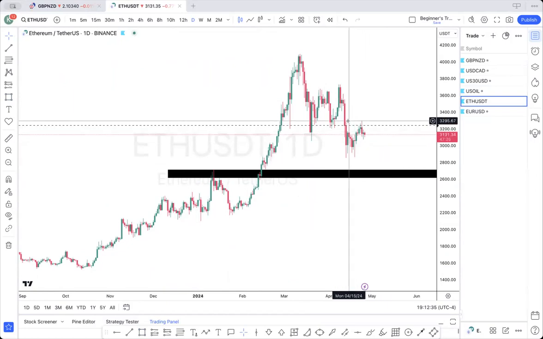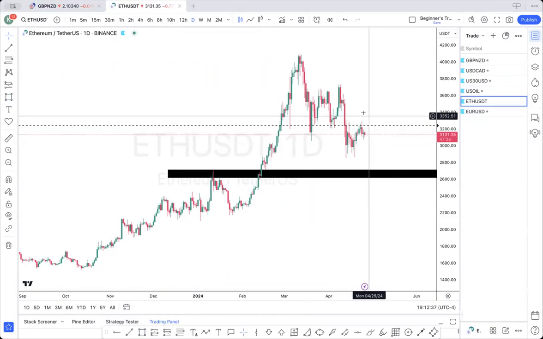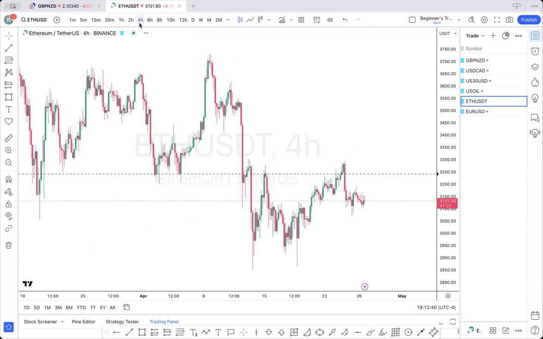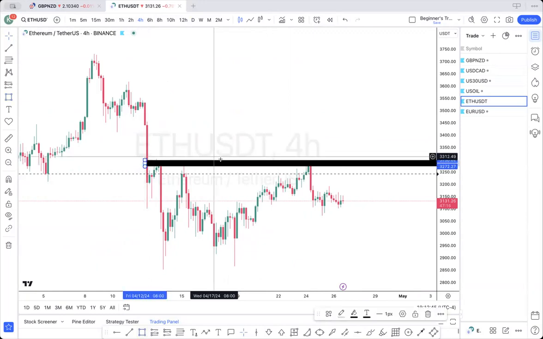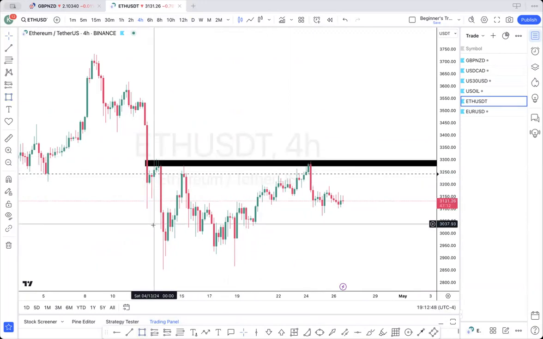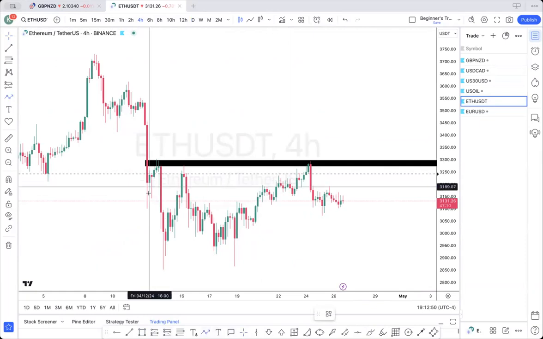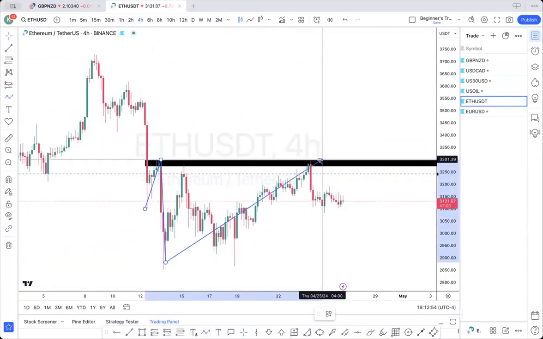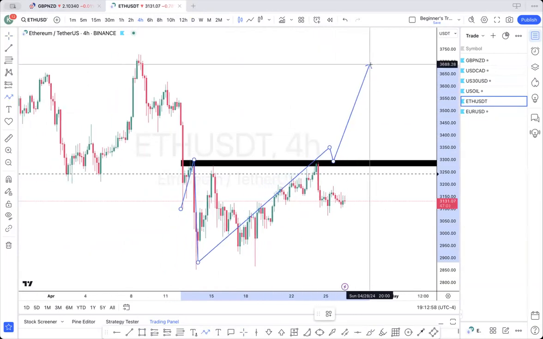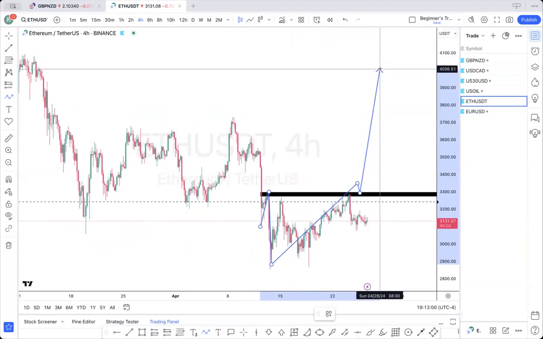Unless I see a break above this high, because if you go down to a smaller time frame, as you can see, that's the high. So that's the last swing. Once I see it break above here, then I'm going up.